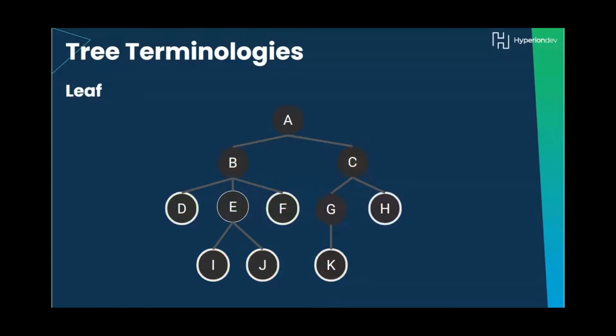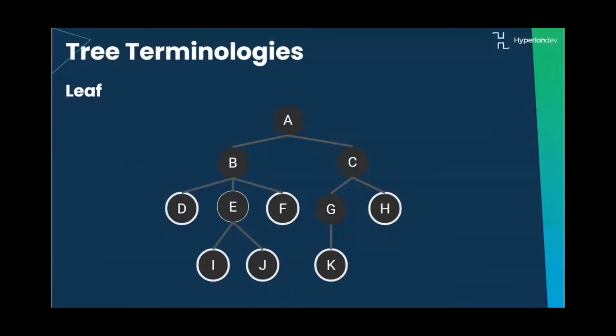Next, there's the leaf. The node which does not have a child is called a leaf node. The only thing to remember about a leaf node is that if a node does not have a child, that node itself would be called the leaf node. It's also called an external node.